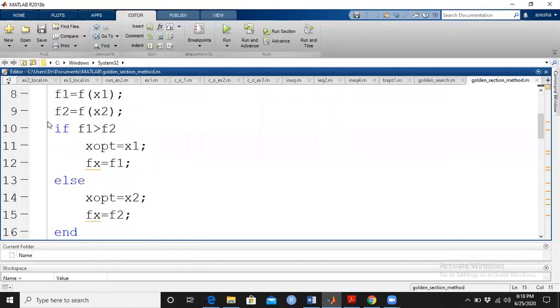Now remember that an if loop is used here. And remember that if this is the case, select F1. Else, that is, if F1 is less than or equal to F2, then you will consider this part.